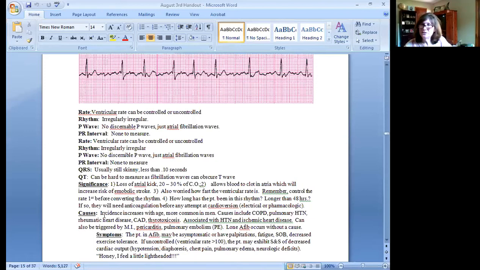Causes. I'm not going to test you on causes. You get older, more common in men. COPD, hypertension, rheumatic heart disease, thyroid problems, all kinds of things. I'm not going to ask you the reasons. The patient in AFib can have no symptoms like Mr. Frank, or they could be saying, I have palpitations or I feel bad.